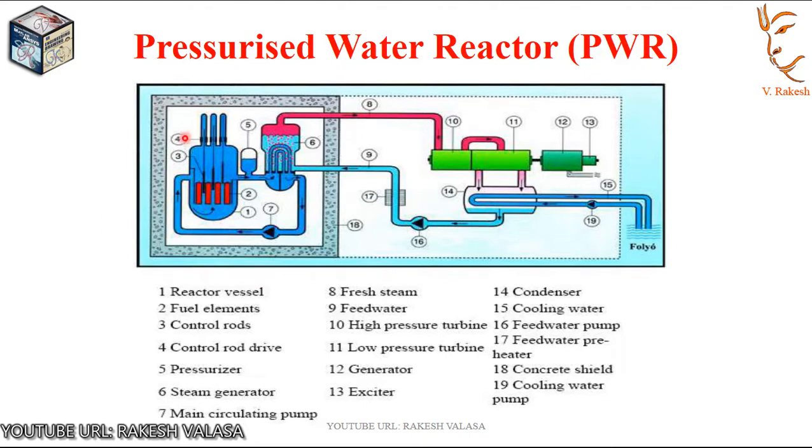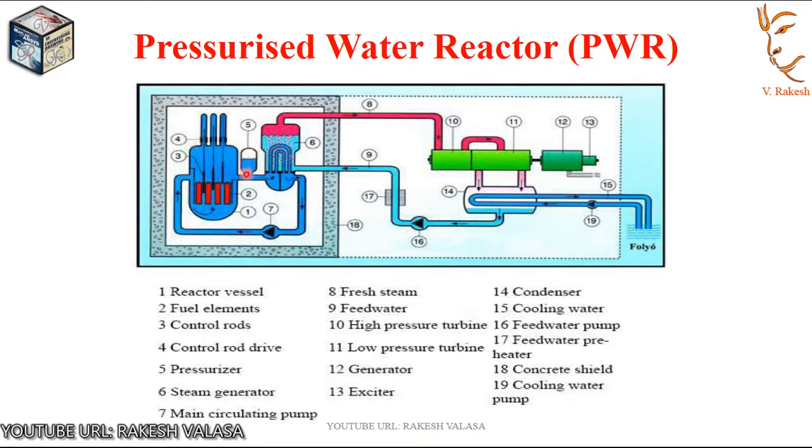You now see the essential components of a pressurized water reactor. See number one, that is the reactor vessel. The red color indicates fuel elements. The third one is the control rods. The fourth one is the control rod drive.